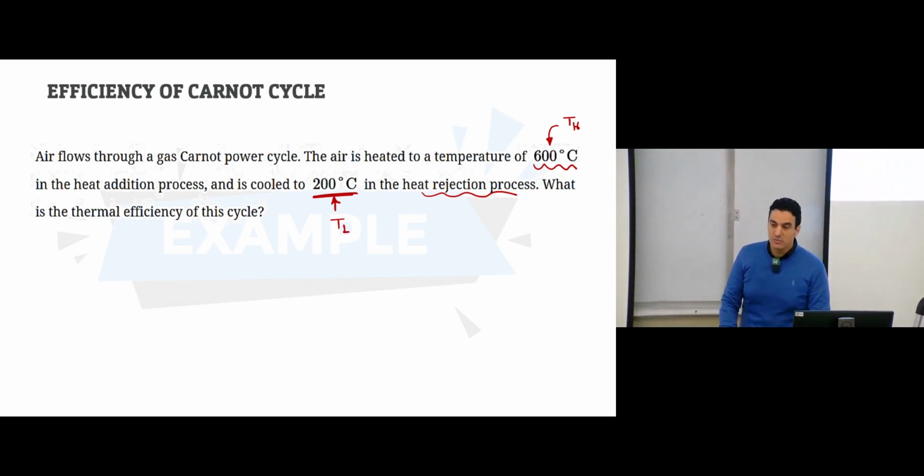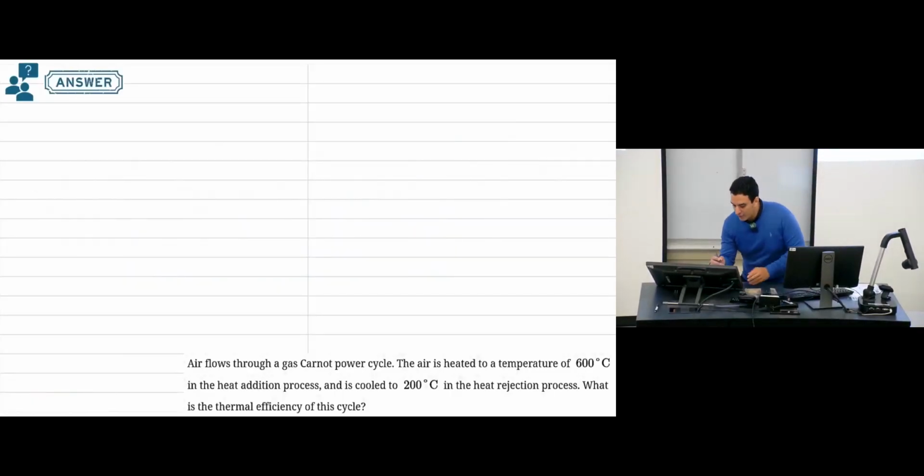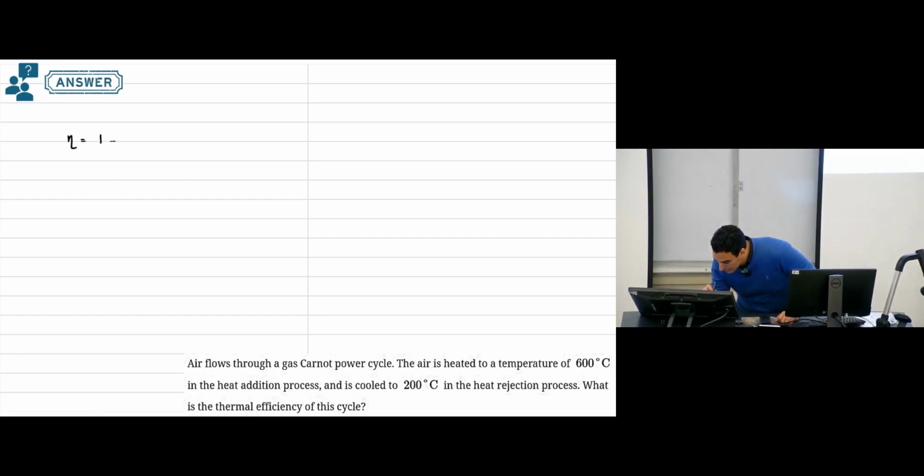What is the thermal efficiency of this process? The thermal efficiency of a heat engine in general is 1 minus QL over QH.